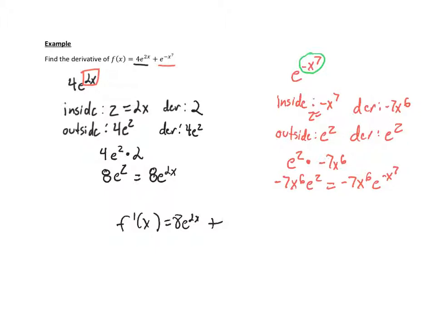So the derivative of that right side thing is negative 7x to the 6th e to the negative x to the 7th. Rewriting that whole derivative, f prime of x would equal 8e to the 2x minus 7x to the 6th e to the negative x to the 7th.